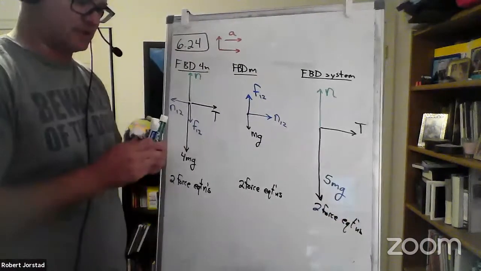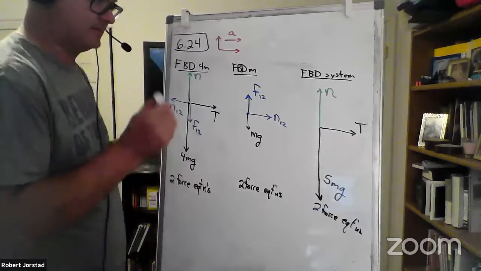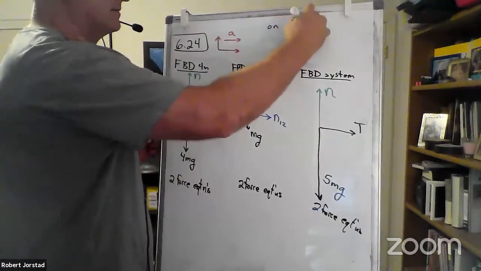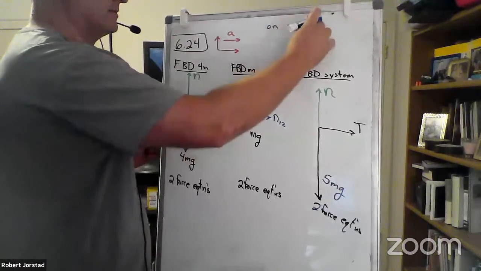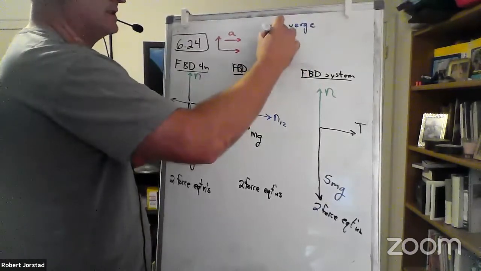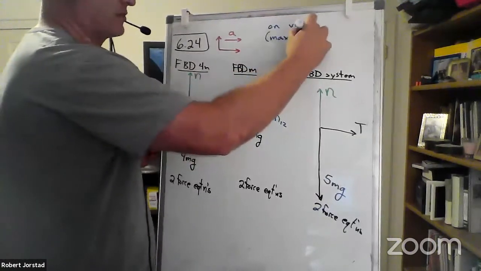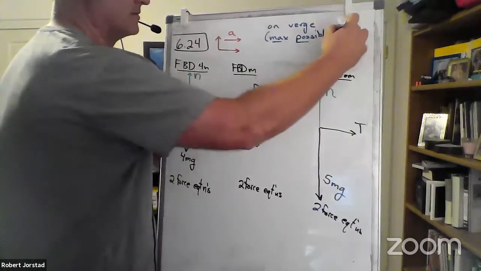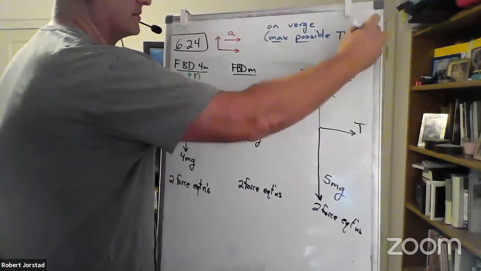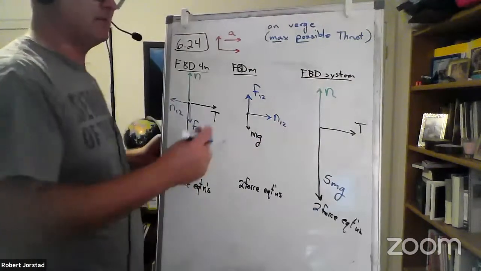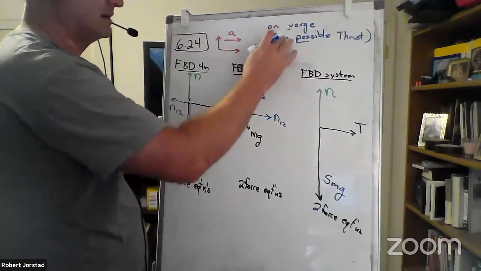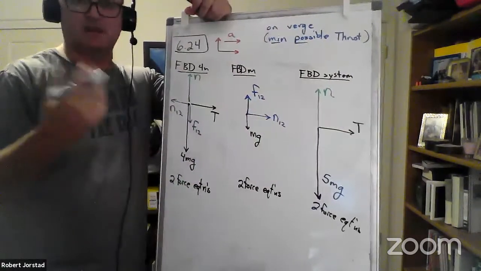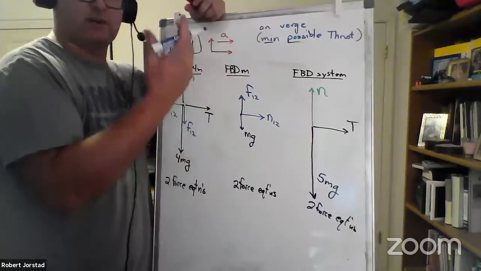And then we just mentioned that, aha, on the verge of slipping, and what were the words? It was max possible thrust. Those were the key words. Or was it minimum possible? I think it was min or whatever. It was either a max or a min, one of those words in there.